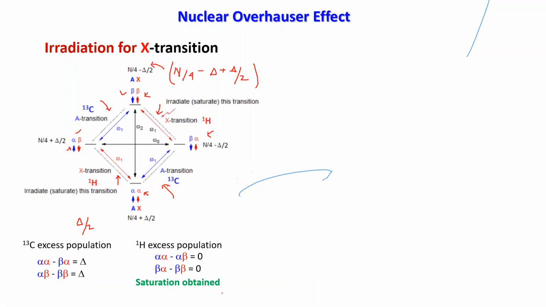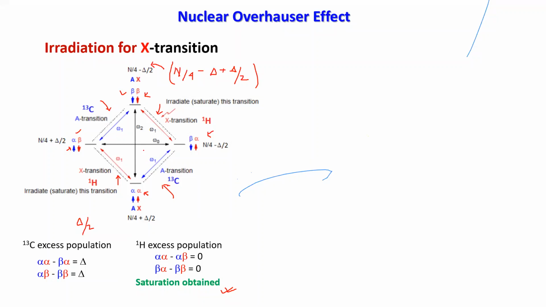So saturation is obtained. This is the condition you have developed to do the proton decoupled 13C. You have hidden the proton excess population. The signal we obtain in 13C is due to the excess population, right?